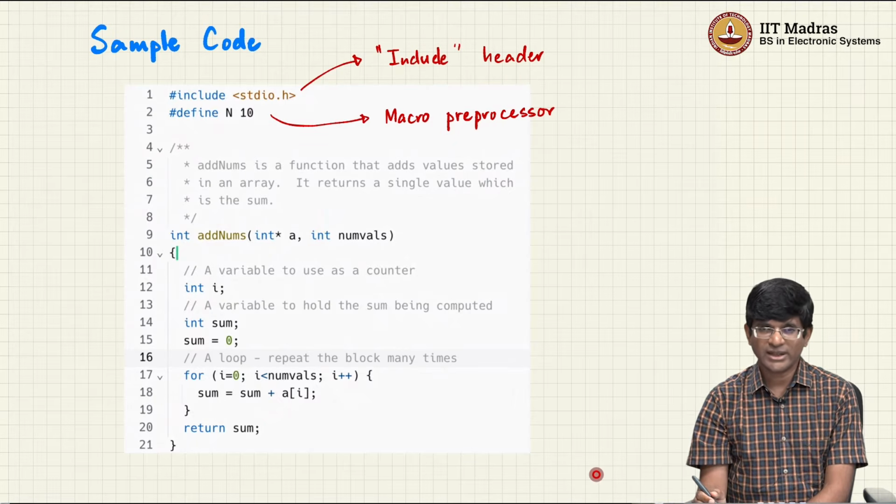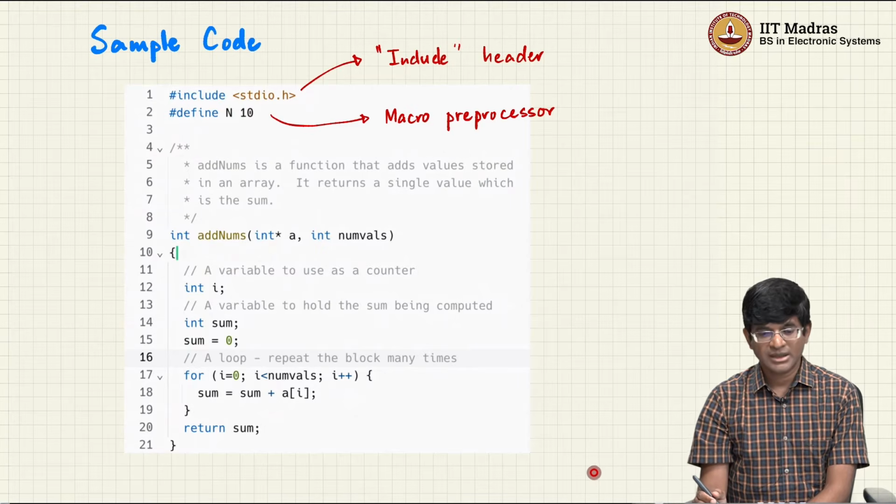So it actually happens in one step before the actual compilation process. There are a number of useful ways in which you can make use of this preprocessor to define something called macros, which we will be getting to later, but for the time being all that we are doing is defining it as a constant.